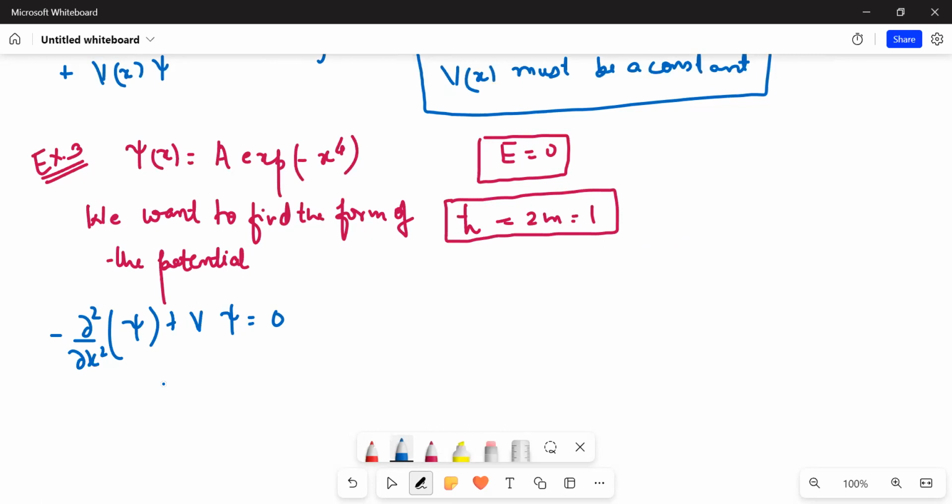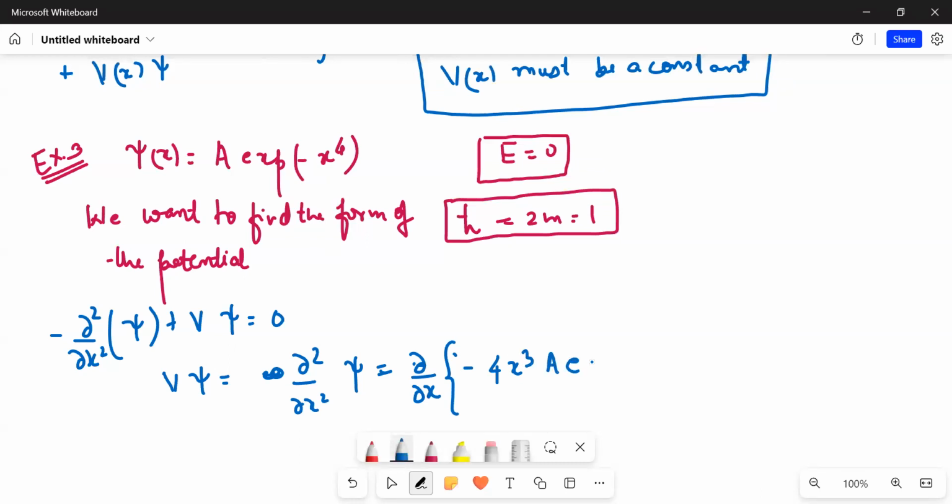So basically V times psi would be simply minus del square upon del x square times psi. It will be del by del x, and the derivative of this would be minus 4 x cube times the exponential of minus x to the power 4.